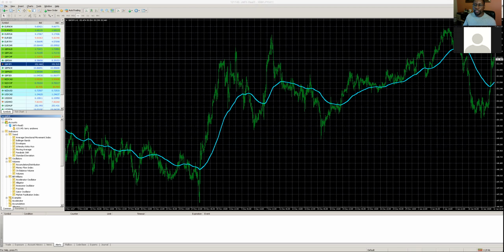Same thing, shift, exponential, it's got to be closed, and it must be red. Can you say red? Red. All right. Everything else is going to be the same. We're just going to hit OK and watch what happens. It throws another line up there.